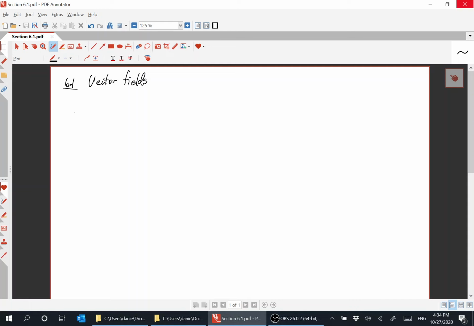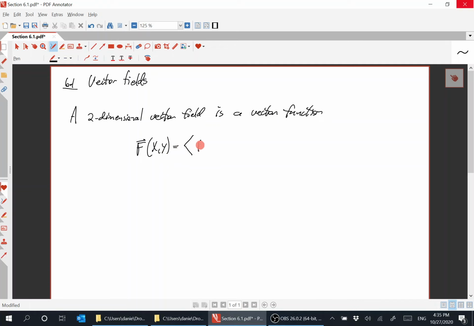A vector function, so a two-dimensional vector field is a vector function of the form capital F of x, y equal to P of x, y, that's a two-variable function, and Q of x, y.